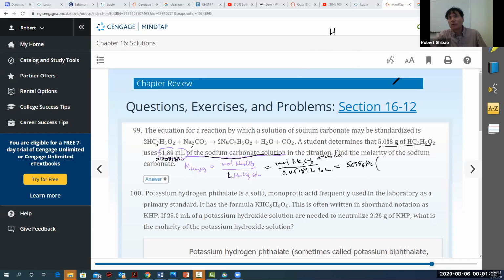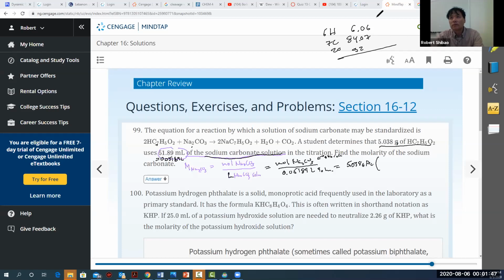And so calculating molar mass, I have 6 hydrogens, that's 6.06, and then 7 carbons, 7 times 12.01, that's 84.07. And then 2 oxygens, 32.